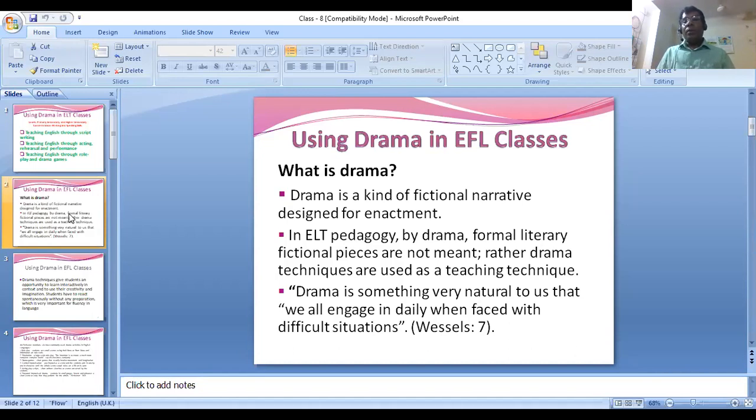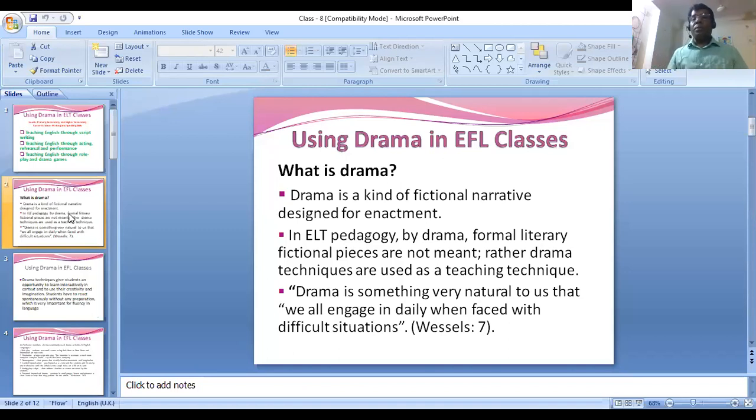But a drama is different from a novel in that in a drama, the story is not narrated by the author, not narrated by only one particular character. Rather, we get the story of the drama from the dialogues spoken by different characters on the stage. Different characters are coming on the stage, they are speaking, and from what they are saying, we get the story of the drama.